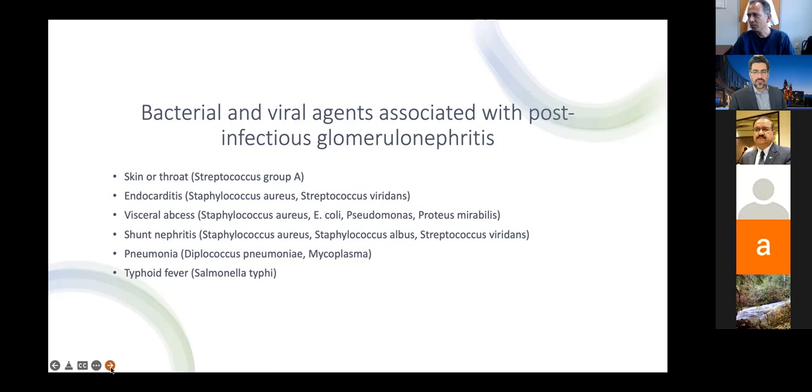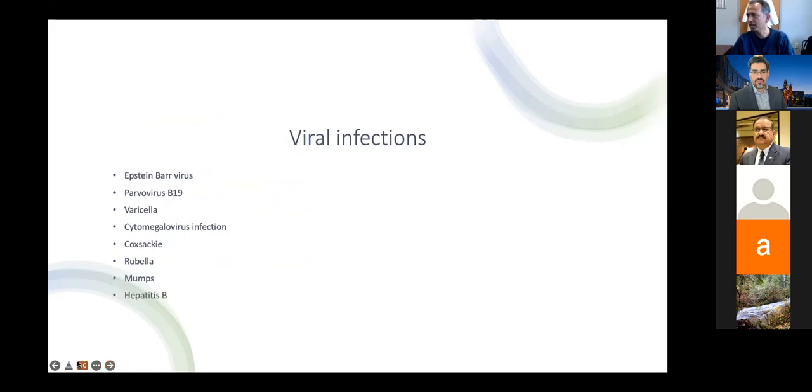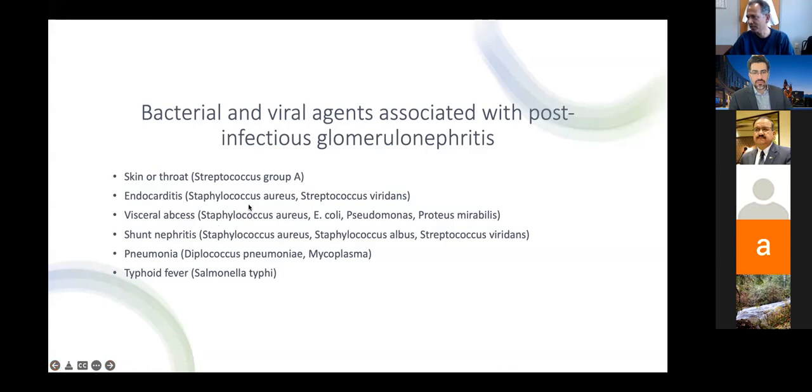In post-streptococcus GN, which is caused by a nephritogenic strain of group A streptococcus, there are two antigens which cause the problem. One of them is nephritis-associated plasmin receptor, and the other one is Streptococcus pyogenes exotoxin B, which is found to be more common as compared to NAPlr.